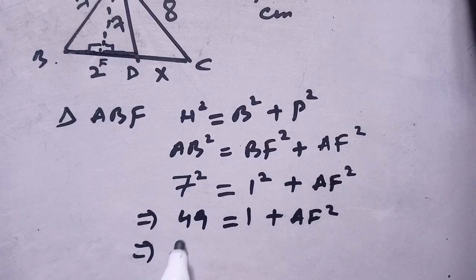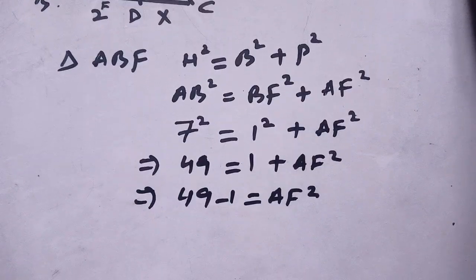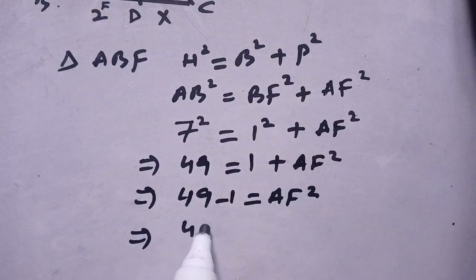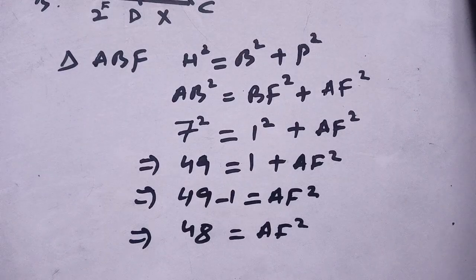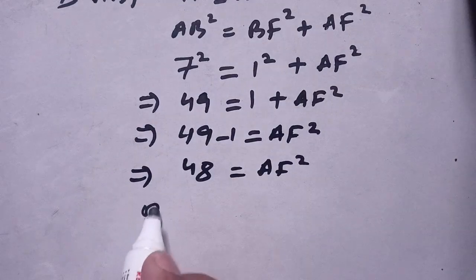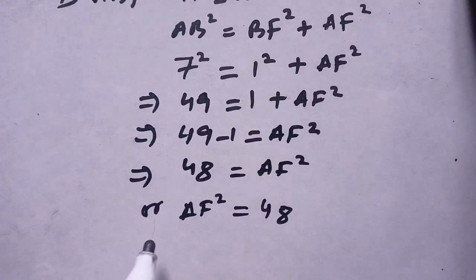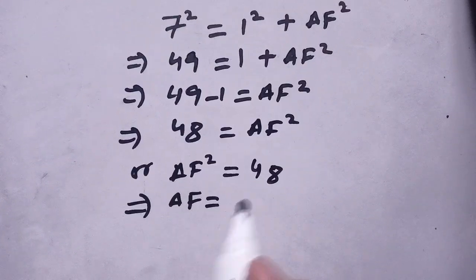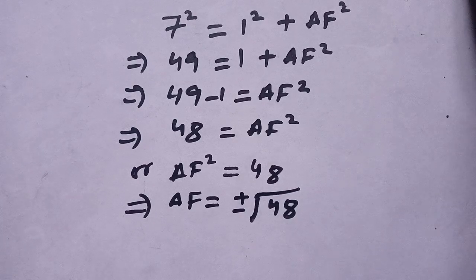Now it becomes 49 minus 1 is equal to AF square, which implies 48 is equal to AF square, or we can write it as AF square is equal to 48, which implies AF is equal to plus or minus square root of 48.